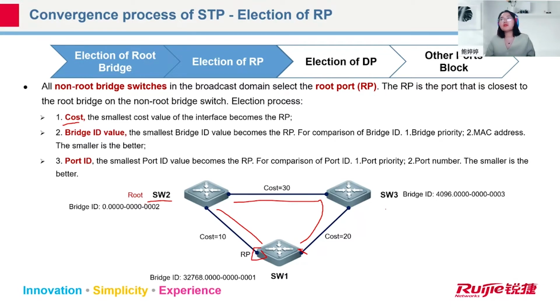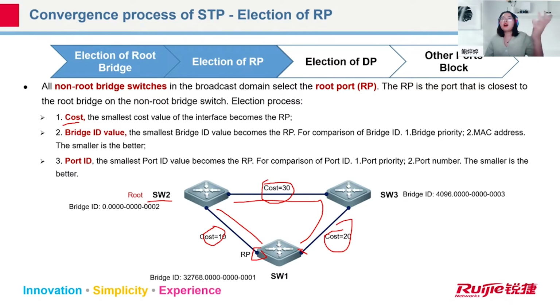The same applies to switch 3. It has two interfaces: one directly connected to switch 2 and another connected to switch 1. According to the cost value, this link is 30 and this link is also 30, right?